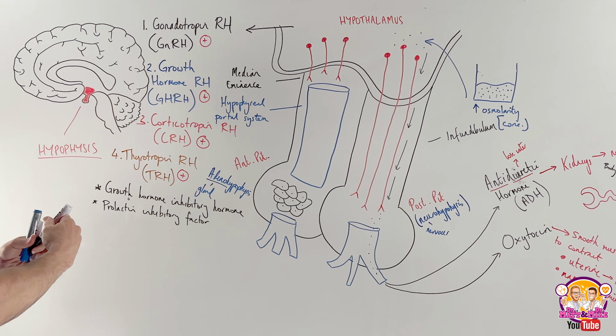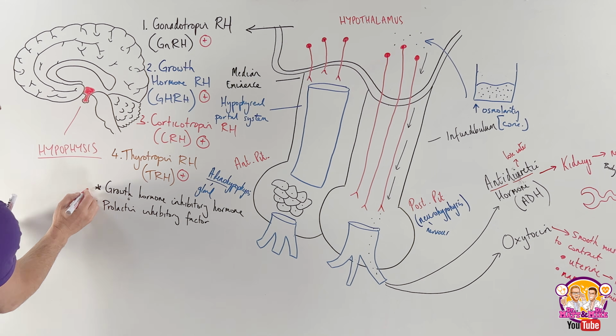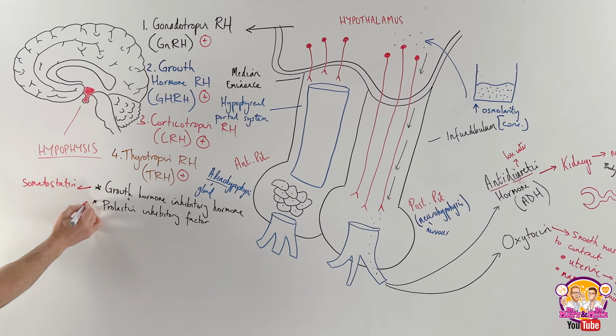Now they've actually got additional names. So the growth hormone inhibitory hormone is also known as somatostatin, and prolactin inhibitory factor is also known as dopamine.